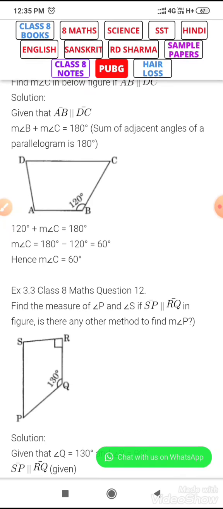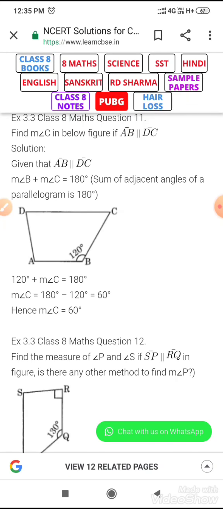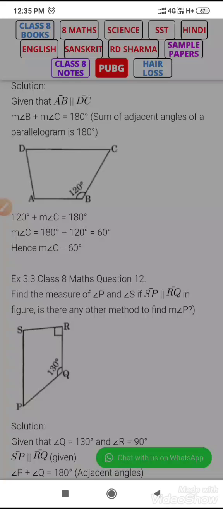So the measure of angle B plus the measure of angle C is equal to 180 degrees. From the figure, the measure of angle B is 120 degrees. From here we can calculate the measure of angle C, and the measure of angle C is 60 degrees.